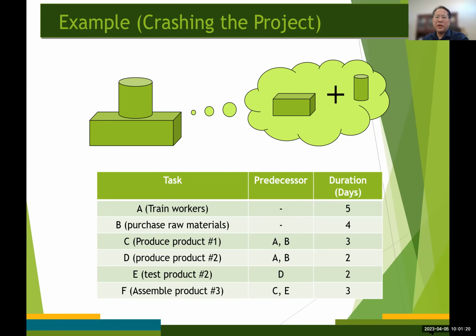Basically, 1 unit of product number 3 is produced by assembling 1 unit of product number 1 and 2, right? So this is product number 3. And the list of activities associated with the introduction of this product, together with the estimated durations and the immediate predecessors, is all given in this table, right?